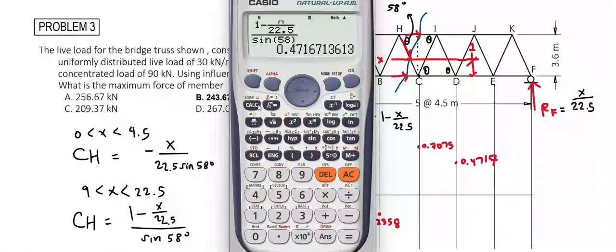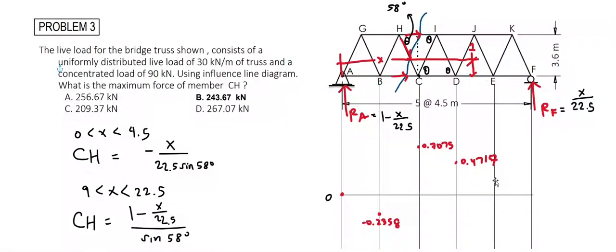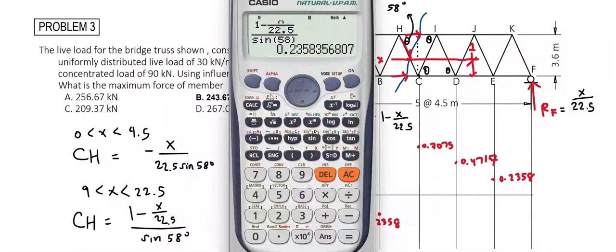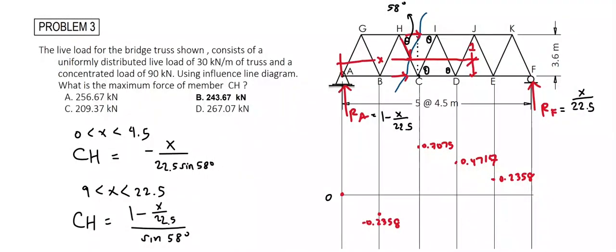And at point E, where X equals 9 plus 4.5 times 2, the value for CH is equal to 0.2358. And at X equals 22.5, the value for CH is equal to 0. So this is our influence line diagram.